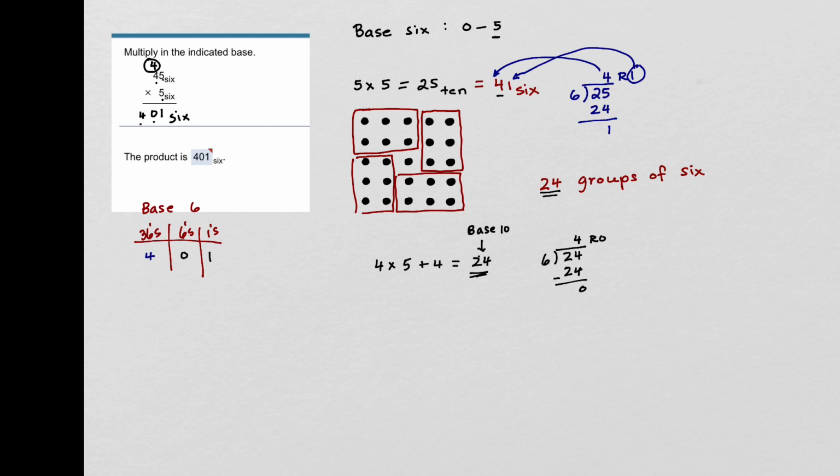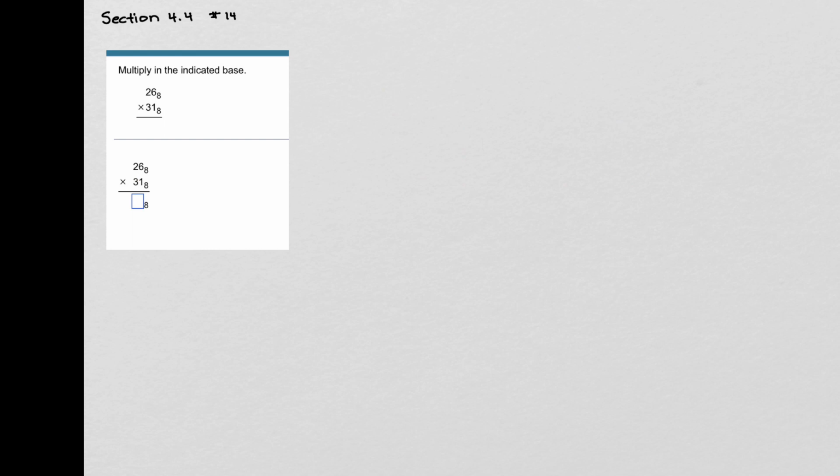In the next video, I'm just going to show you how I would compute the answer and not necessarily where the values come from in that particular base. So here in this question, now we have 26 base 8. Since it's base 8, I like to write this down each time.